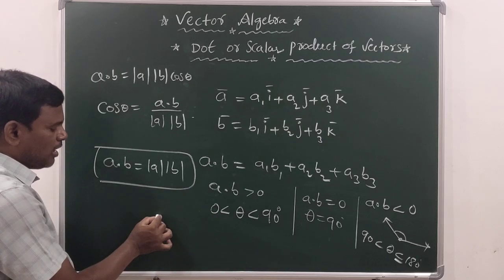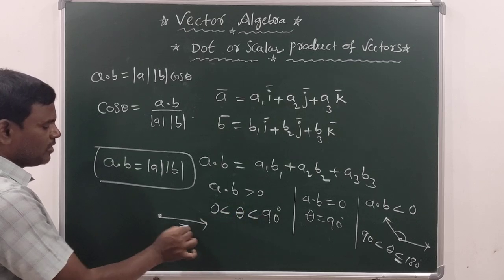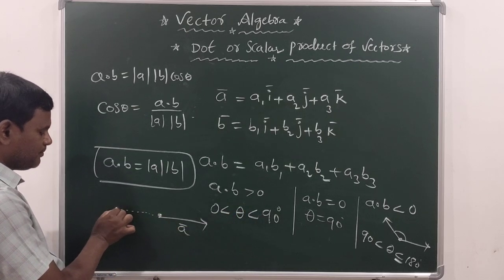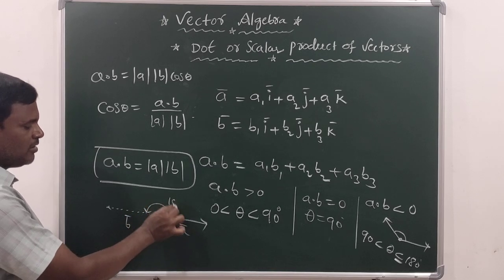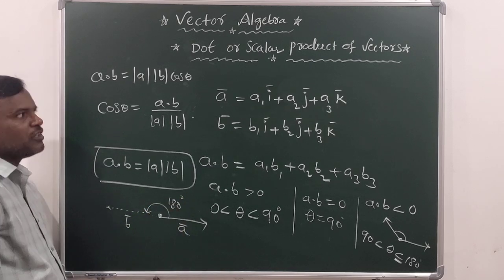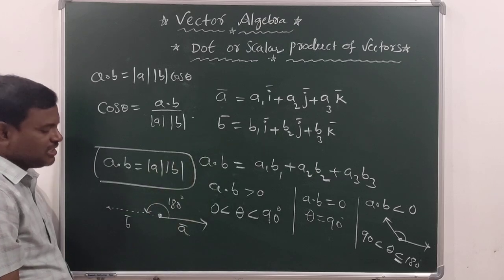If both are opposite to each other, means here A is moving this side and B is this side. Now angle between them is 180 degrees. If you put here theta 180, cos 180 is minus 1.